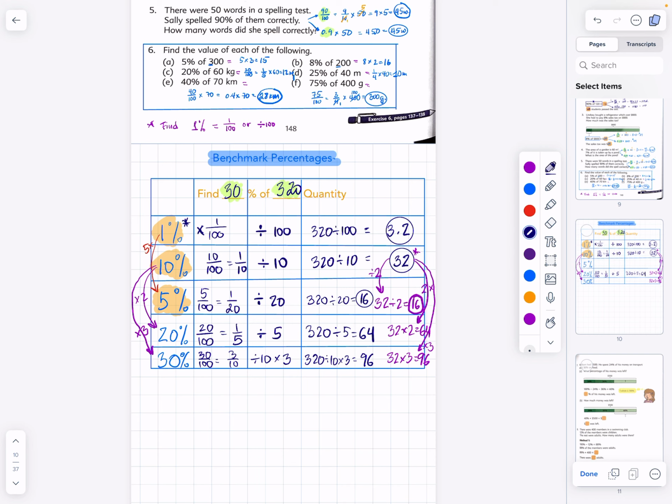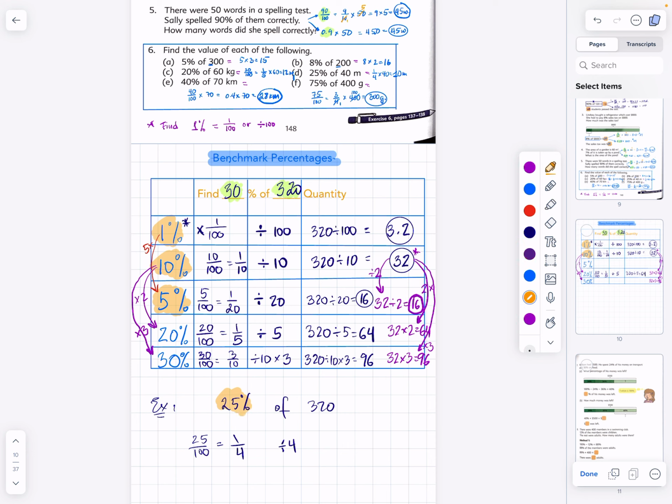So let's just have a very quick example. Find, let's say, 25% of, I don't know, 320. I like that number for some reason. Well, how do we do that? We can say 25 of 100. It is the same as 1/4. To find 1/4 means to divide by 4. By the way, 25%, we can consider that as another easy benchmark, right?